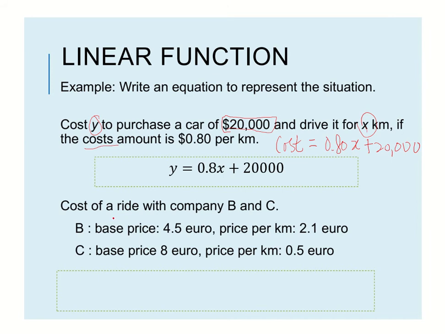Now, let's say we take a taxi. Costs of a ride with company B and C are given as follows. The base price is 4.5 euro. Let's say you're actually traveling in Europe, and the price per km is 2.1 euro. So what is the cost?